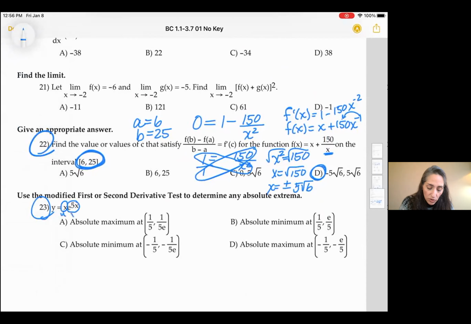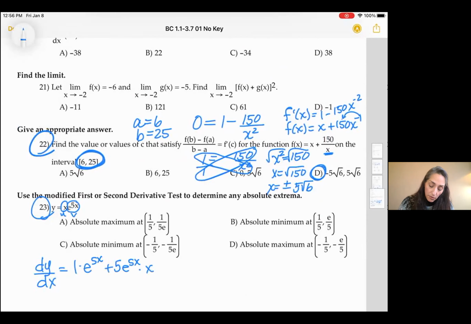So this is u and this is v. So dy over dx is equal to the derivative of x, which is 1, times e to the 5x, plus the derivative of e to the 5x, which is e to the 5x times 5, times x.